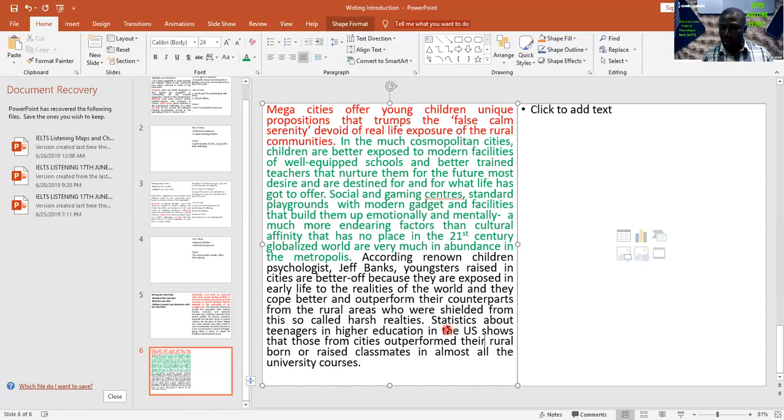I said popular psychologists said this, and I went into performance because that psychologist said that they performed better. And I said statistics about teenagers in higher education in the USA shows that those from inner cities outperform their rural born or raised classmates in almost all the university courses.